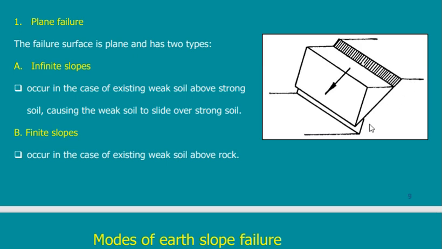How can I judge which one is the failure? I will check what is causing failure, the load of this wedge. What is preventing failure? It's the friction all over this side.